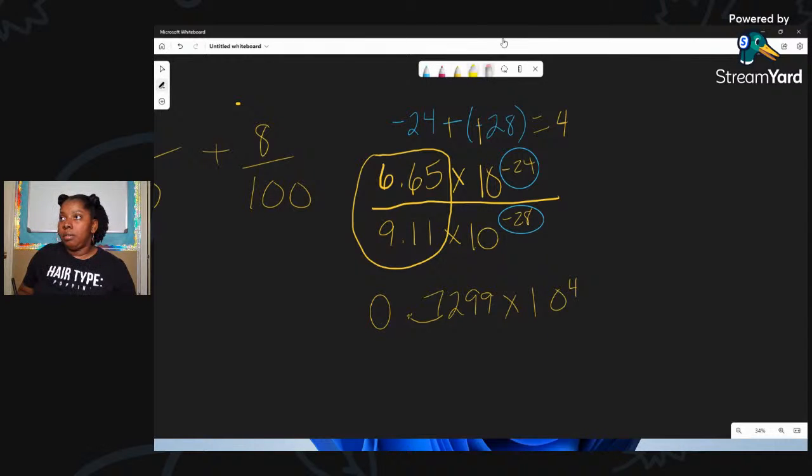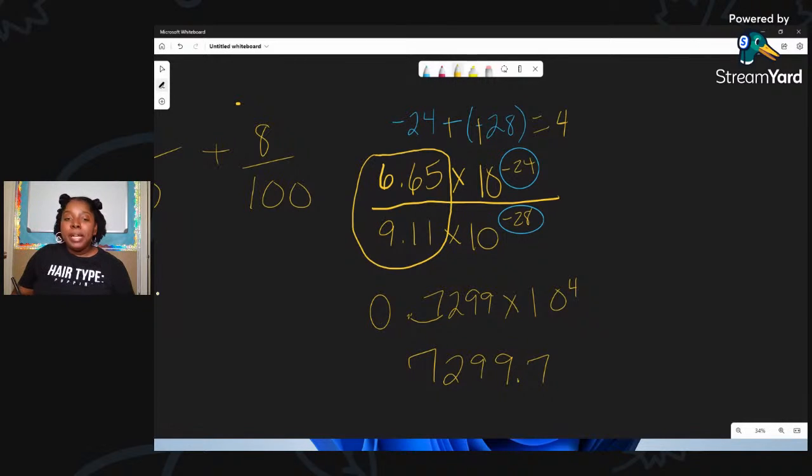Times 10 to the 4th power. So you just put that in the calculator. And it would become 7299.7.